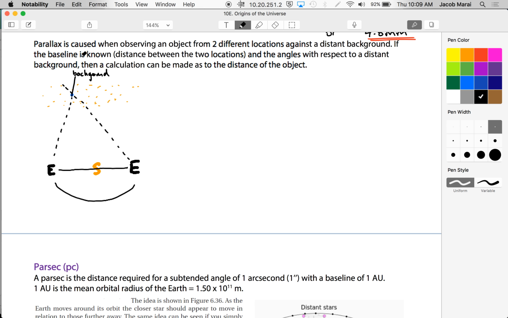It's no longer next to that background star. That background star is a certain number of angles shifted. Now, if I know this baseline, which we do, and I measure that angle, then I can figure out the distance to the blue dot.